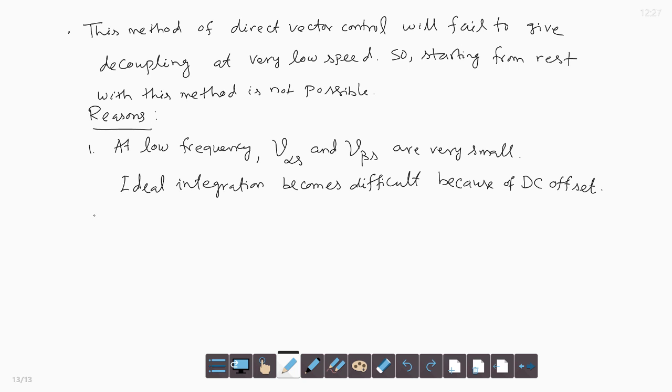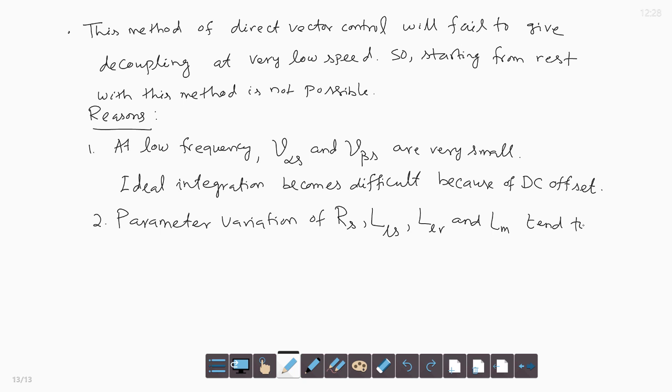Then another point is parameter variation. Which parameters? Stator resistance, stator leakage inductance, rotor leakage inductance and mutual inductance tend to reduce accuracy of the estimated signals.